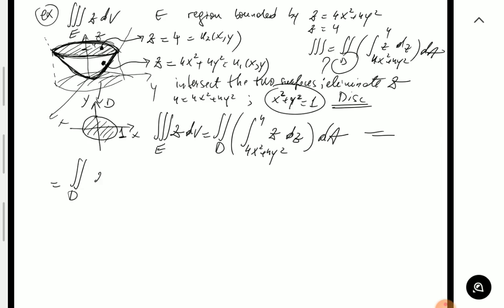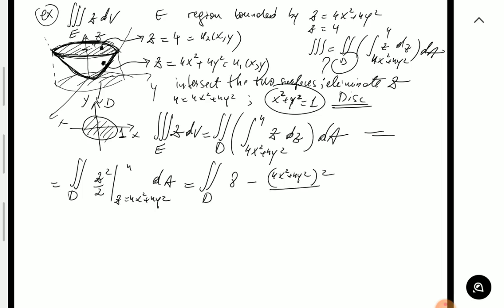It's z squared over 2 with the bounds again 4x squared plus 4y squared and 4. Plug in the bounds. That's 16 over 2, 8, minus (4x squared plus 4y squared) squared over 2, dA.